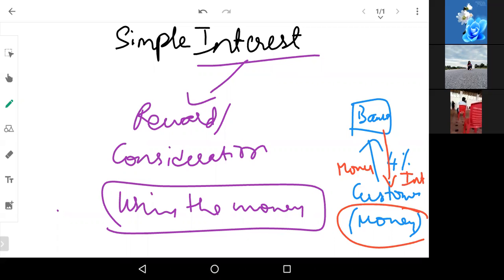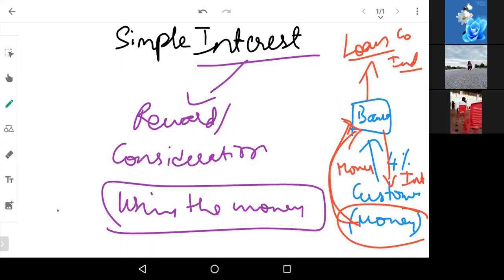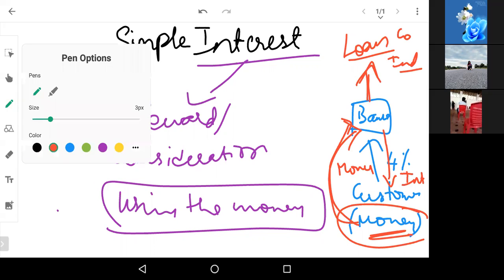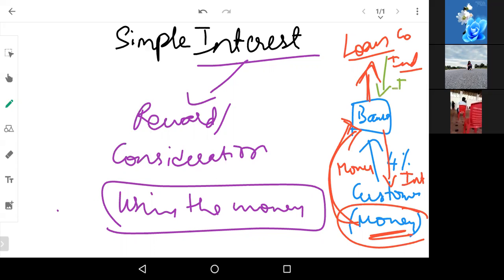Now, for what reason can the bank use the money? The bank can use this money and give loans to other people, other companies. It can be a company or an individual. So the bank is taking money from the normal people and using the same money to give loans to others. Now, when they give a loan, these people have to pay back interest.